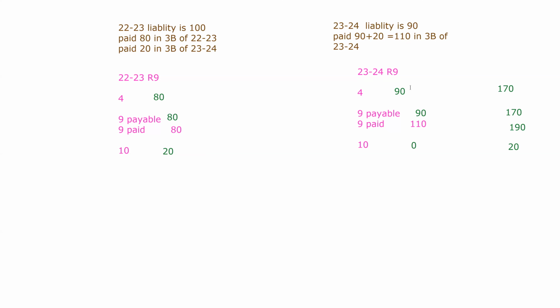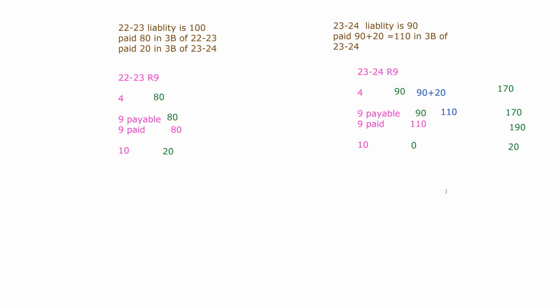I'll add 20 in J. So you are saying your table 4, you will be showing 90 plus 20, and you will be showing the payable as 110. And when I'm showing 20 in table 4, I will not show the taxable value against that. Right now, I'm only talking about table 9 payable and paid. So when I show 90 plus 20 in table 4 in 2 separate columns, my payable will automatically become 110, vis-a-vis paid 110, difference 0.